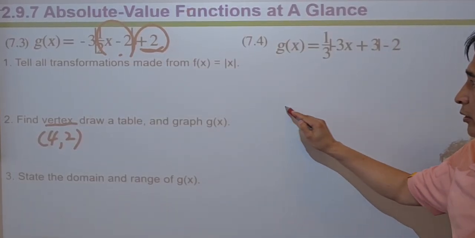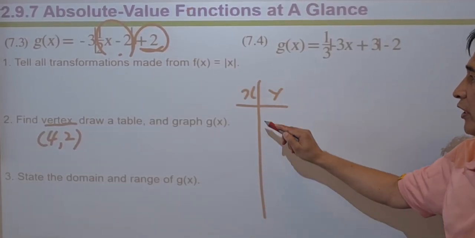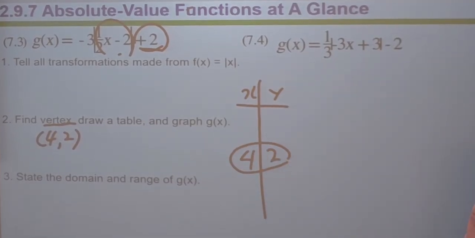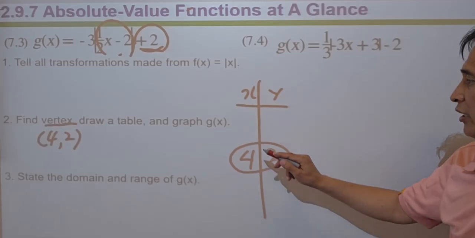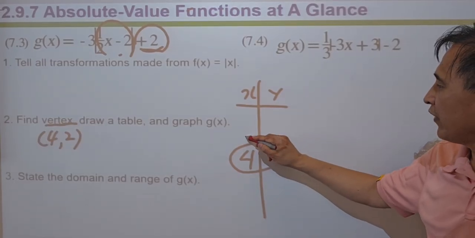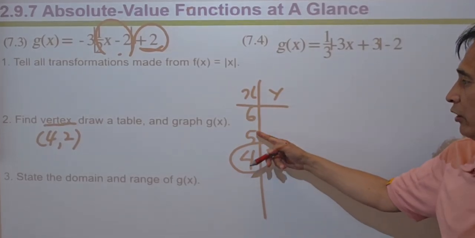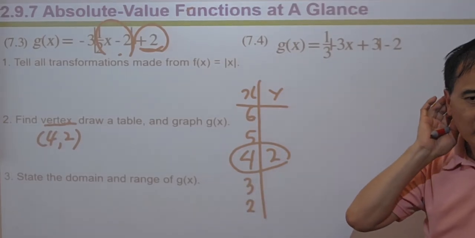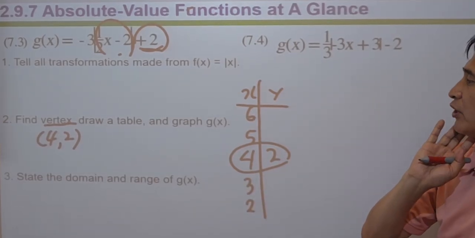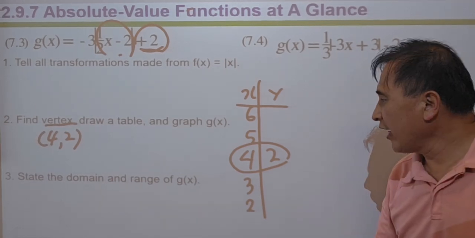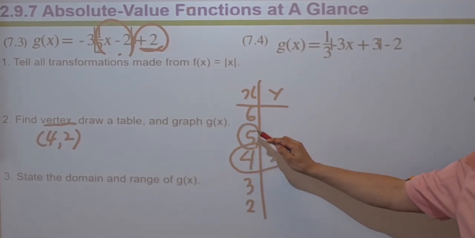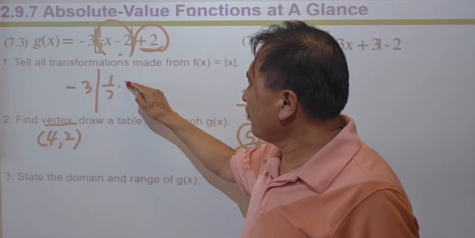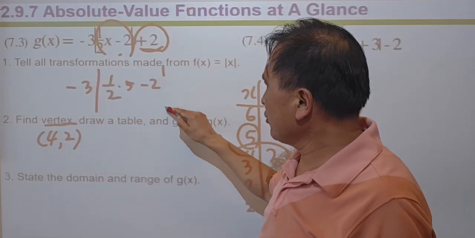When you draw the table, this is x, y. We need the x and y all the time. The vertex 4,2, put it in the middle. And then for the absolute function, we put 1 bigger, 2 bigger, and 1 smaller, 2 smaller. We pick 5 points, then we can draw an accurate absolute function. So let's find x value 5. You plug in x = 5 here: minus 3 times the absolute value of 1/2 times 5, minus 2, and plus 2.